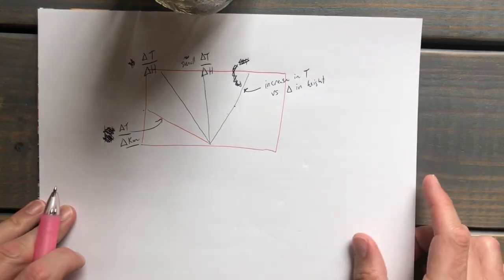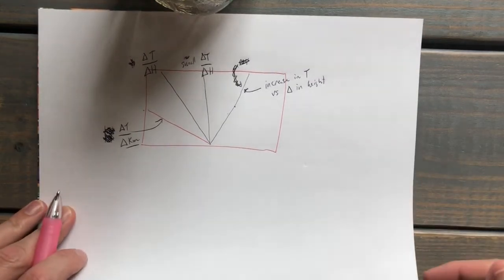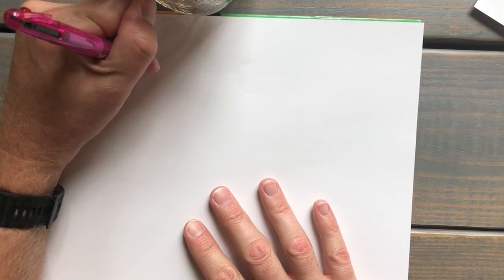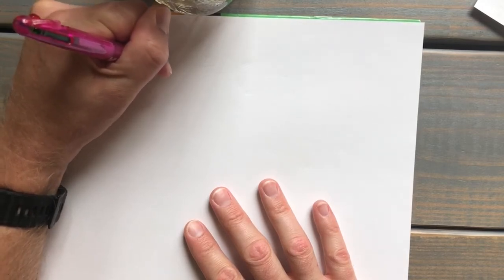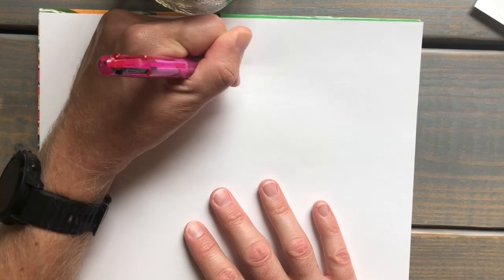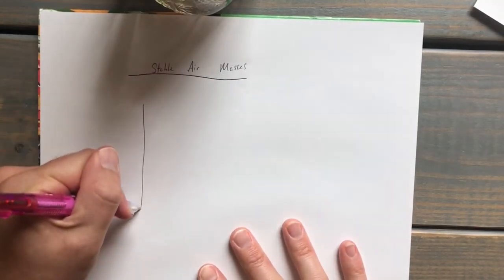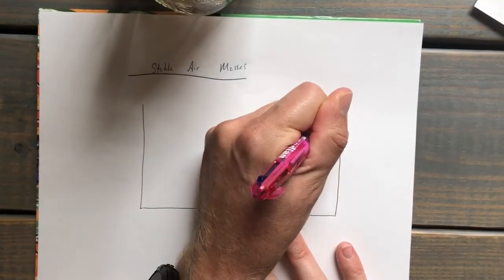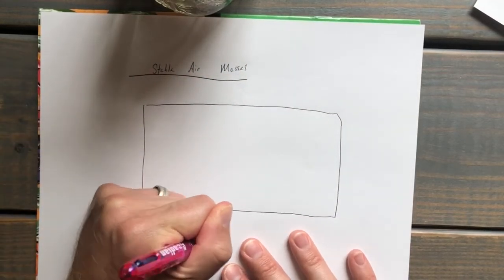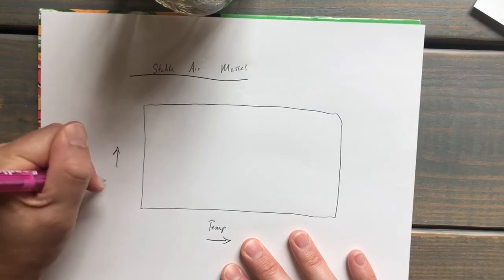But to finish off chapter 15, section 4, let's put all of this together and talk about stability, stable air masses. Let's plot out everything that we have: temperature and height.